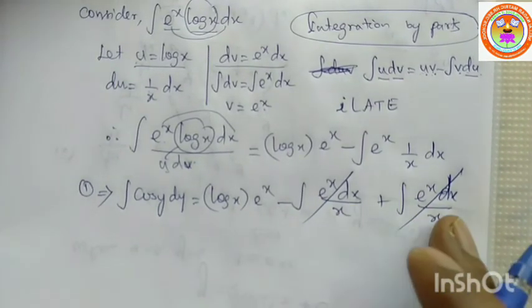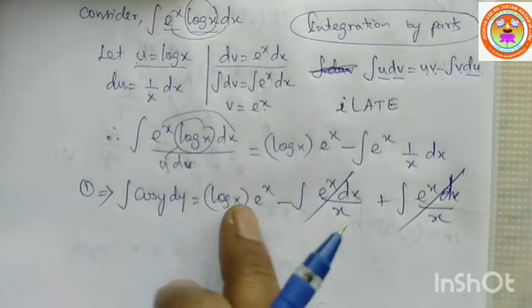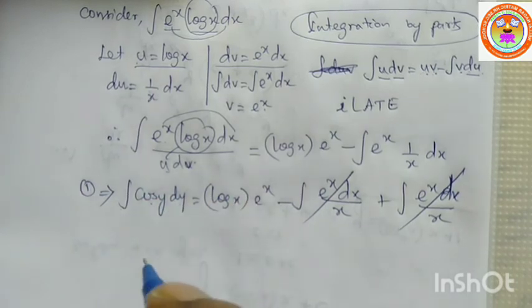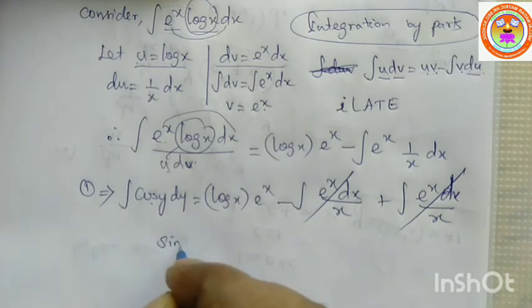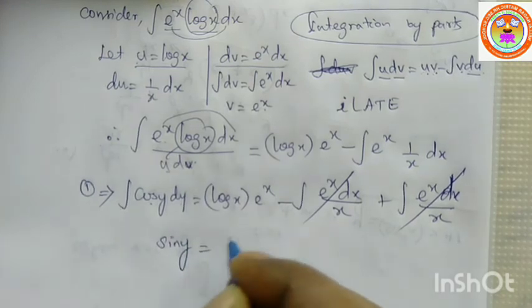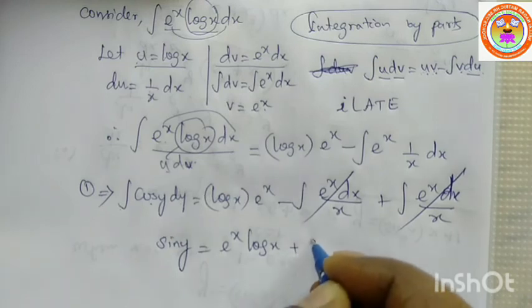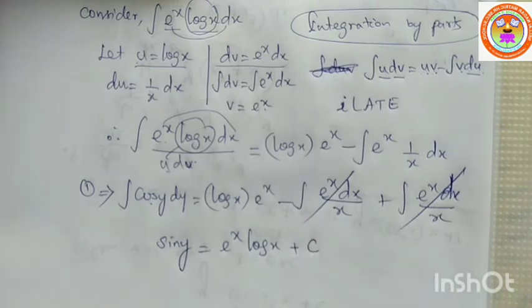When we cancel these two terms, we have only two terms. Integral of cos y dy. What is integral of cos y dy? That is sin y, which is equal. Here there is no integration. So we have e power x into log x. Then after integrating, we have to put one integrating constant c. So sin y is equal to e power x into log x plus c. This is the required solution.